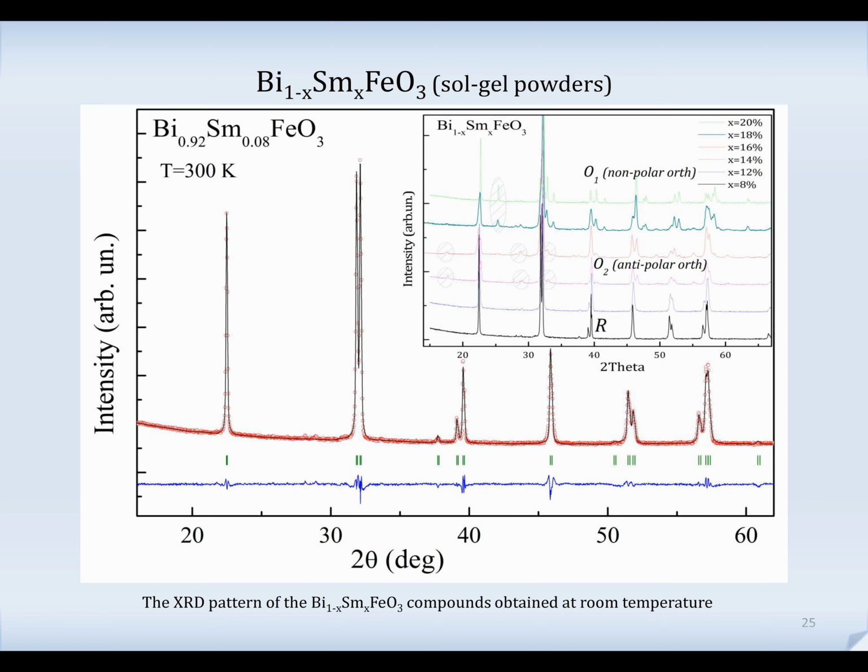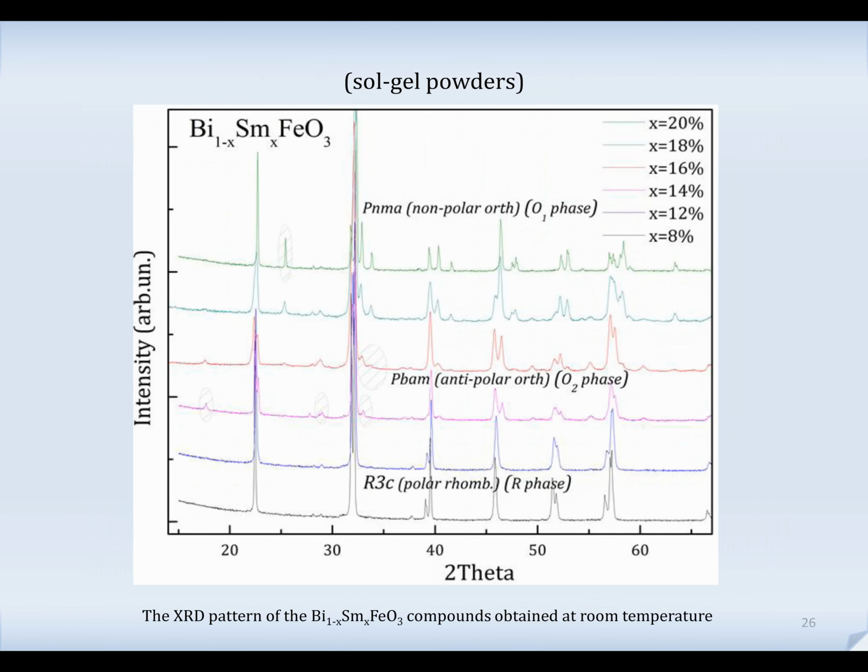So we have a mixture. And on the next slide, I guess it's more evident. We have a mixture, either R plus O2 or O2 plus O1. So there is no concentration range ascribed to single-phase antipolar.